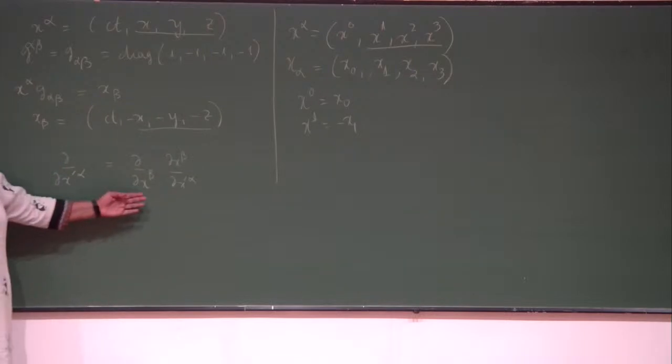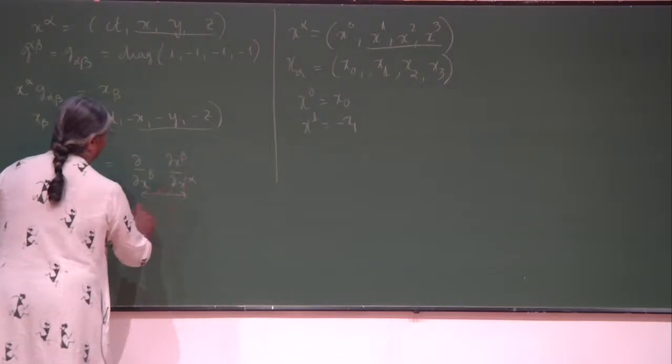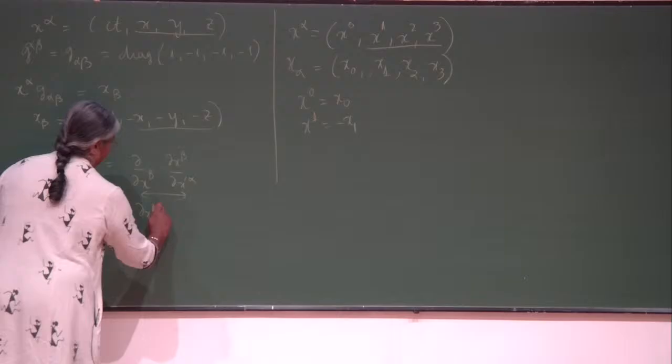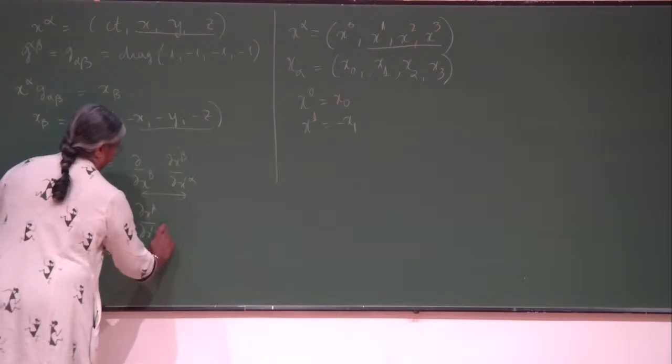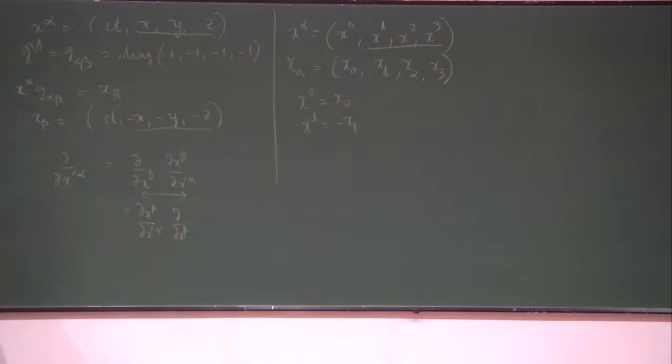And there are 4 indices here, right? So let me just actually write it interchanged. This is just a number, right? So I am getting this from the chain rule. But then you look at this. What does it look like?